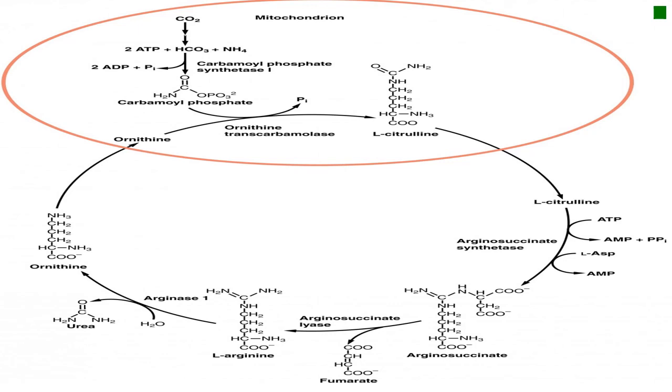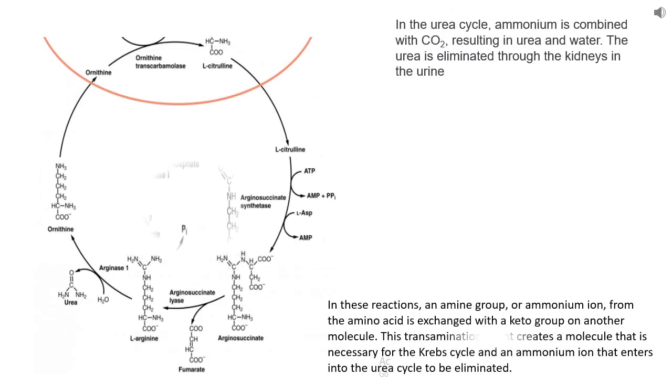In this reaction, an amine group or ammonium ion from the amino acid is exchanged with the keto group on another molecule. This is what we call transamination. In the urea cycle, ammonium is combined with carbon dioxide, resulting in urea and water. The urea is eliminated through the kidneys in the urine, and it can be excreted through urination.